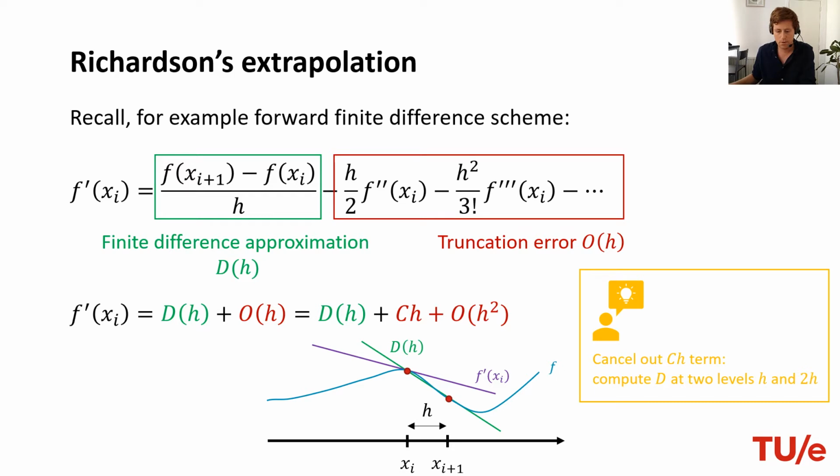So we want to cancel out this term by using D evaluated at two levels, h and 2h. Then the remaining error will be of order h squared. So we want to come up with a second order scheme from our first order schemes. And let's take a look at how we can do this.